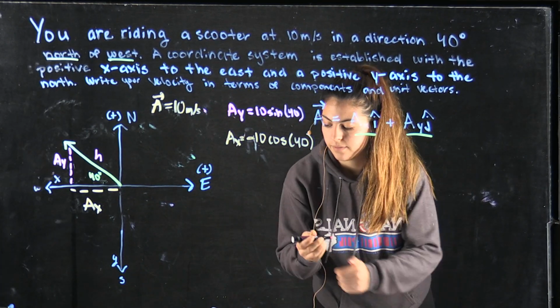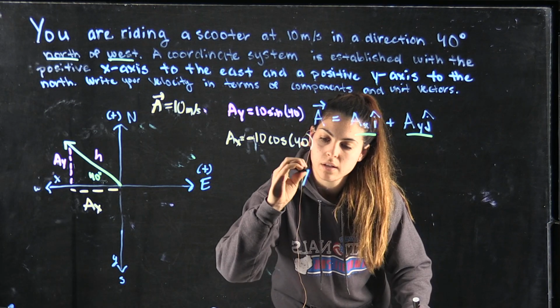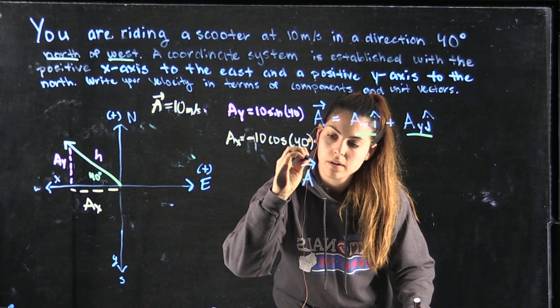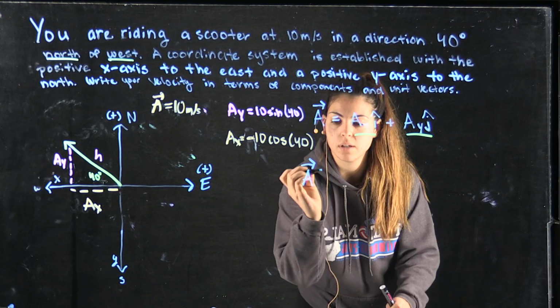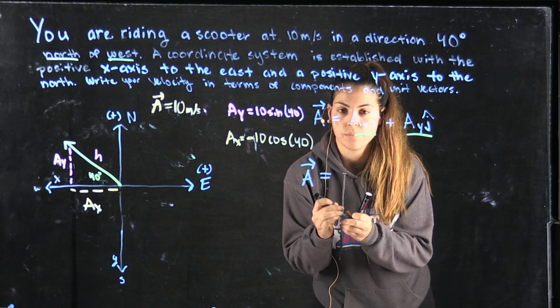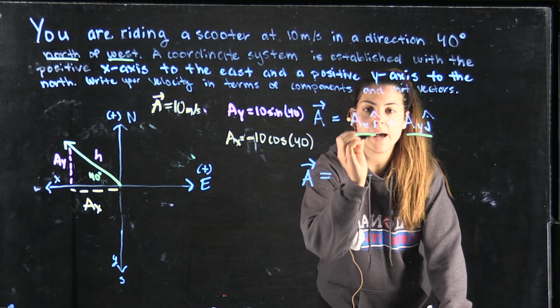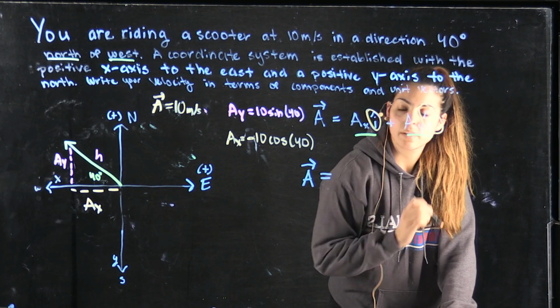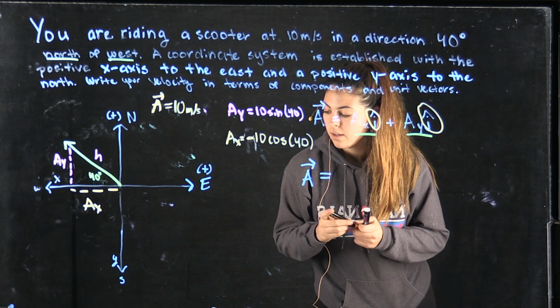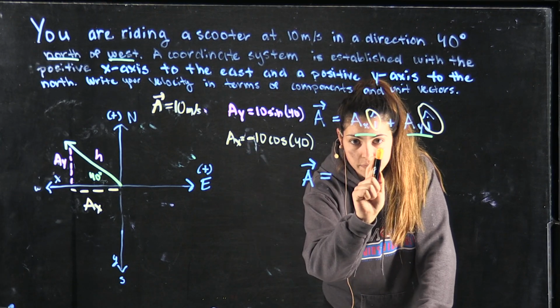We're going to have our velocity vector equal, bringing down our A of x and A of y and putting the i and j next to them, so that these scalars now become unit vectors.